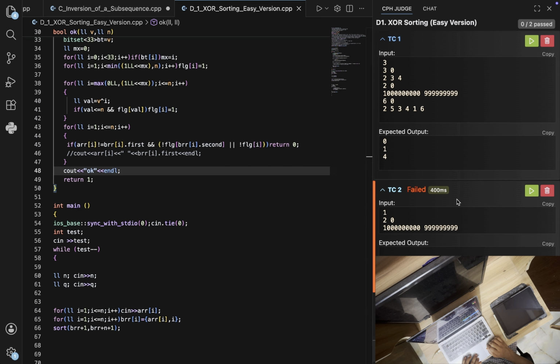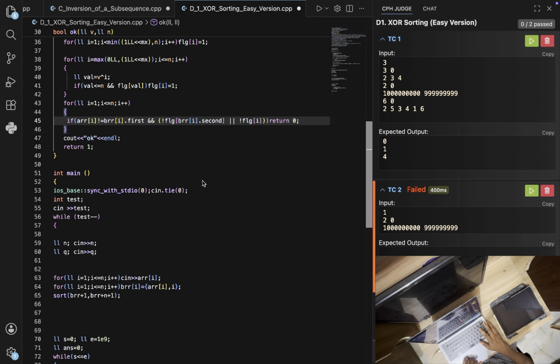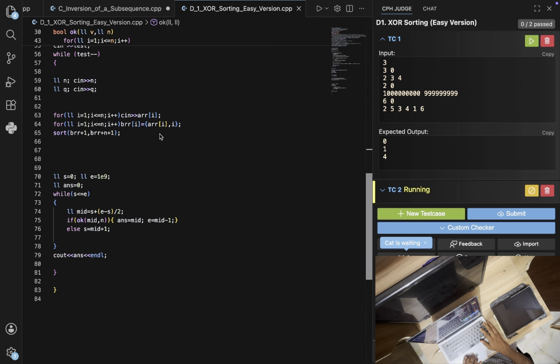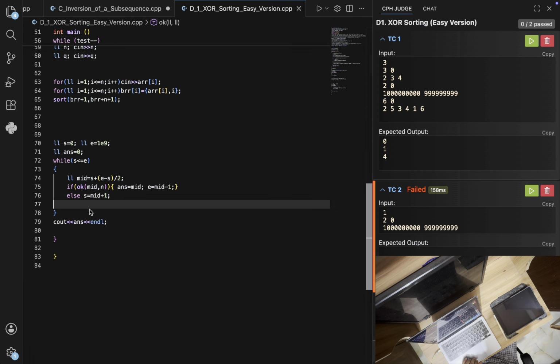Okay, so obviously it's returning 0. So something wrong in my binary search.